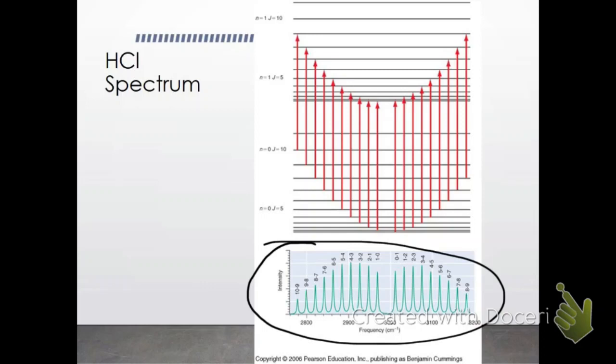And of course, you'll recognize this from our past discussions, that on the high frequency side of the center gap, we have the R branch, where the R branch corresponds to delta J equal to plus 1.